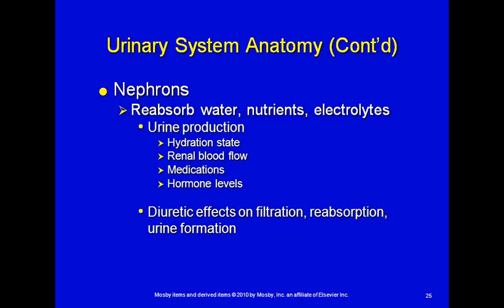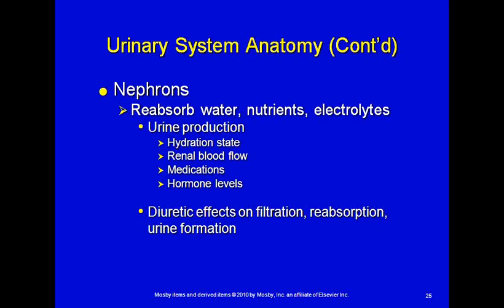In periods of shock where there isn't a lot of blood flow to the kidneys, one thing they can use to measure the severity of the shock is how much urine output there is. Medications, as I mentioned, like diuretics help you make lots of urine, but medications like narcotics or sedatives have a tendency to decrease your need to urinate.